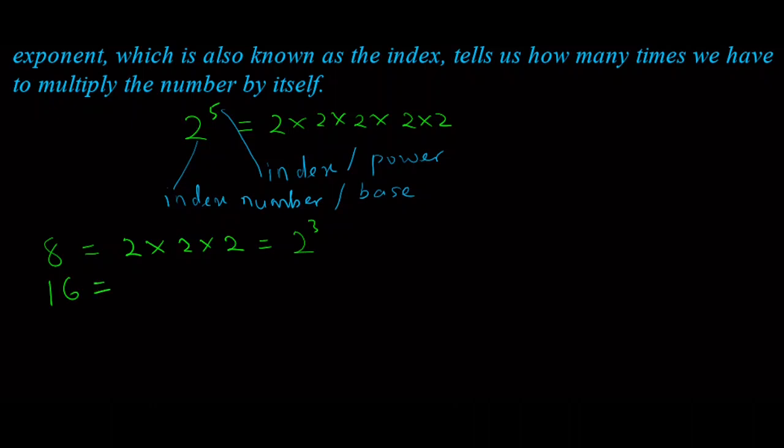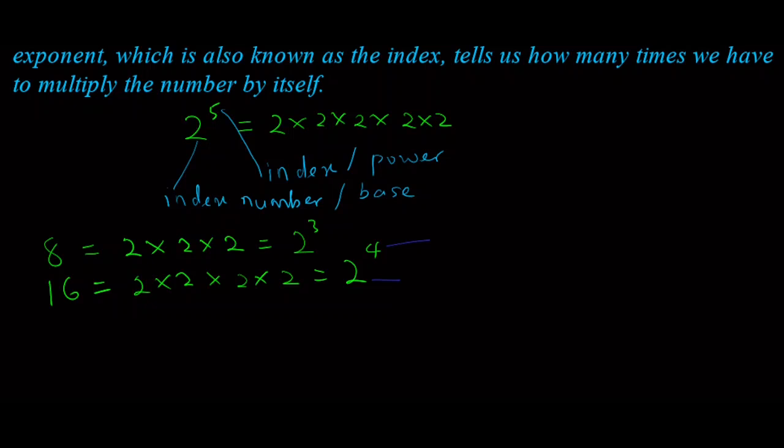Another example is 16. 16 can be written as 2 times 2 times 2 times 2, and that will obtain 2 raised to power 4. So the index number is 2, while the power or the exponent or index is 4.